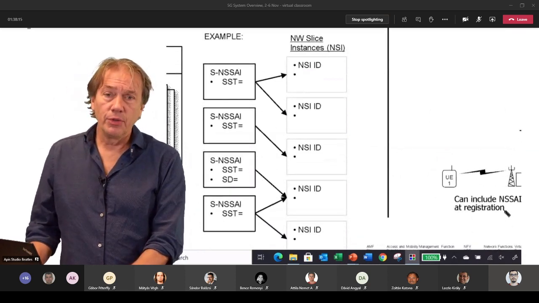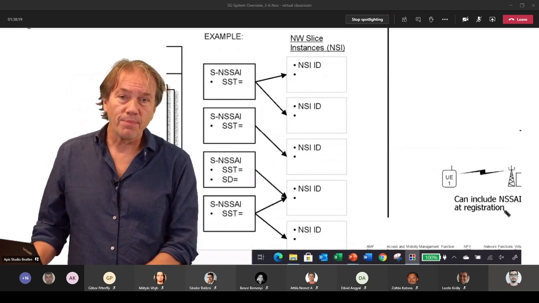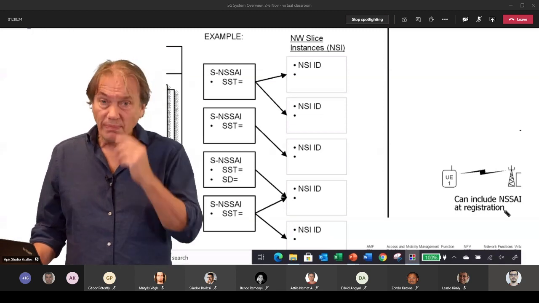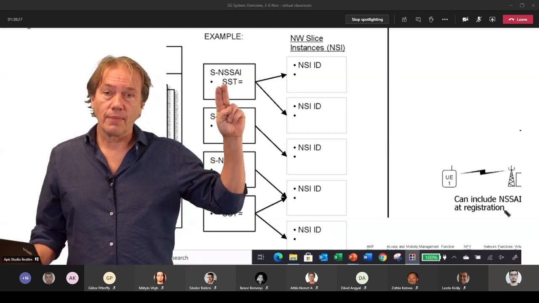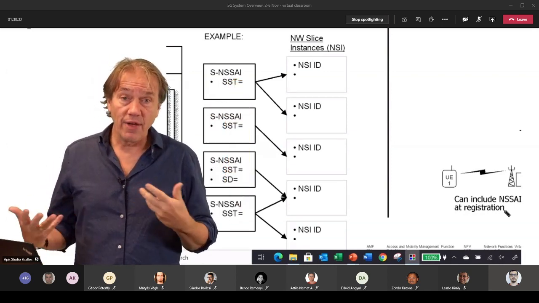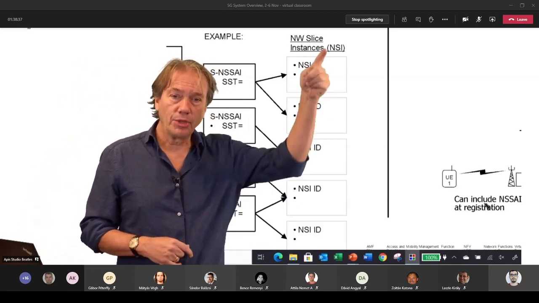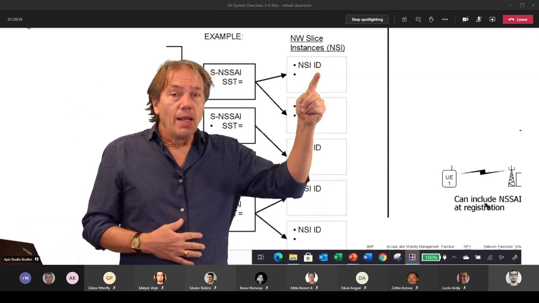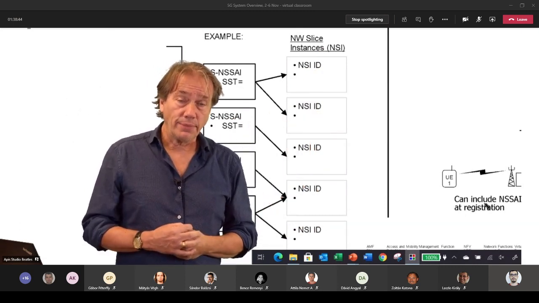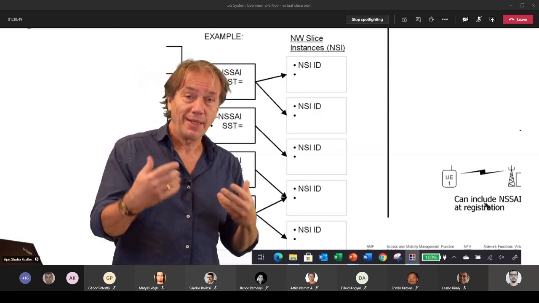So if a user equipment registers and indicates some single network slice selection assistance information like SST value. No, I will start here instead. The actual network slices in the network, like I said, it's not called the green slice and the blue slice and the red slice.